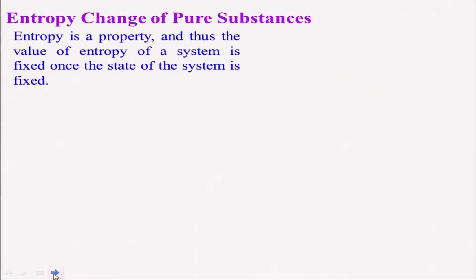So, we need to evaluate the entropy change for a pure substance for our problem, because entropy is a property, and thus the value of entropy depends on the state of the system, and once the state is fixed, the entropy is fixed.